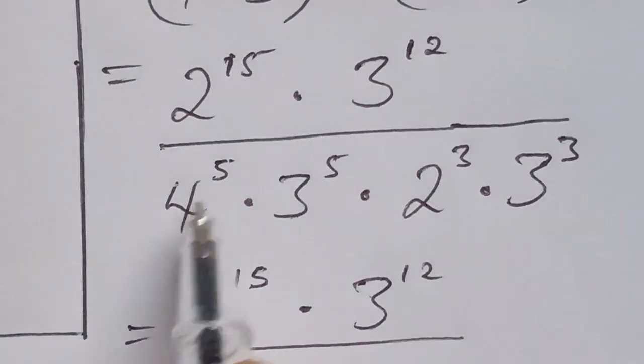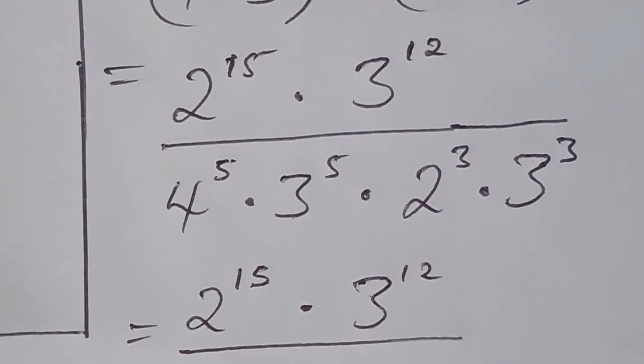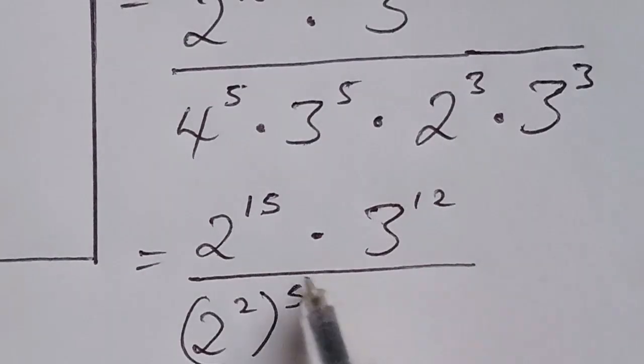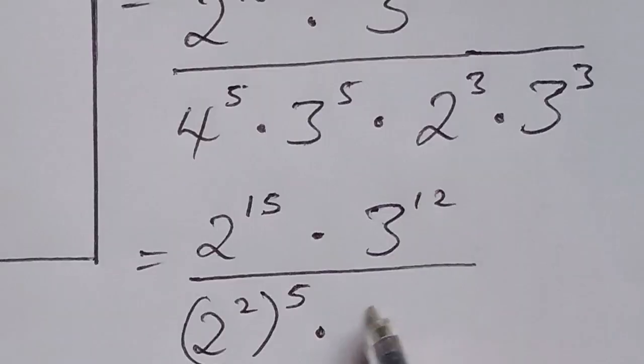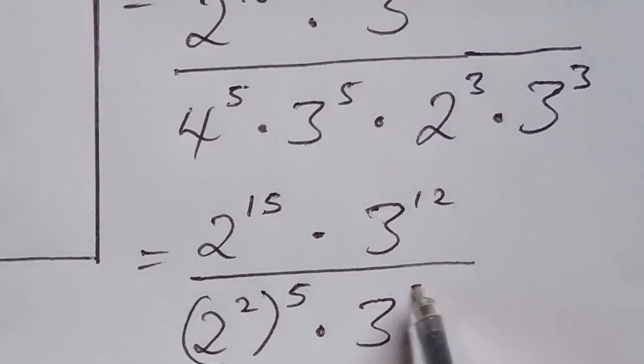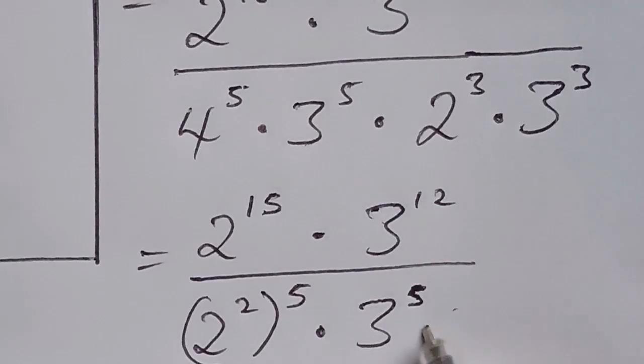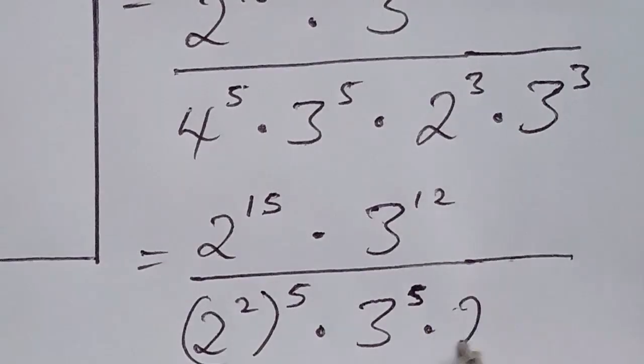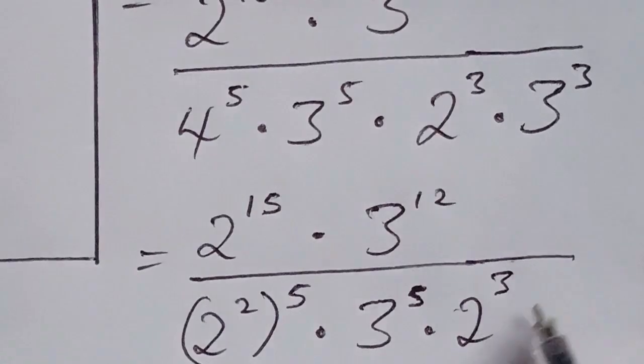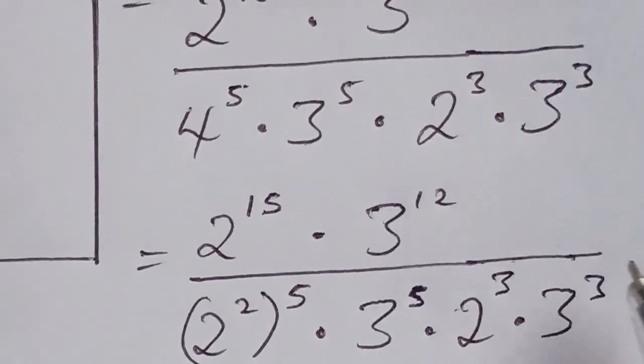over, and this simplifies as 2 to the power of 2, in brackets, to the power of 5 multiplied by 3 to the power of 5 multiplied by 3 to the power of 5, then multiply by 2 to the power of 3 multiplied by 3 to the power of 3.